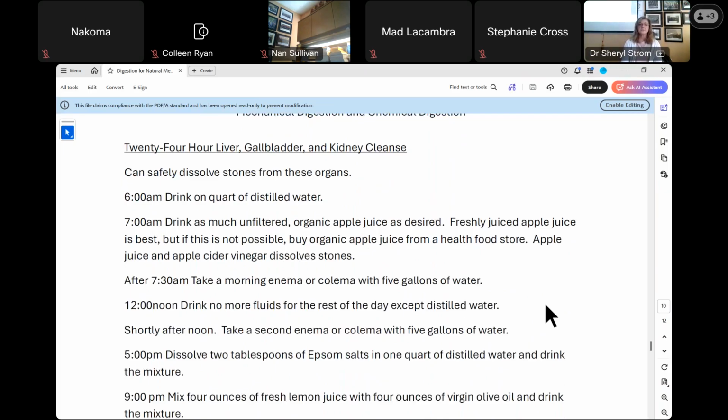So you drink a quart of distilled water. Why distilled water? Matt would know this. So you have hypotonic, hypertonic, and isotonic water. The distilled water is considered hypotonic, so there's no solutes, there's nothing in there.